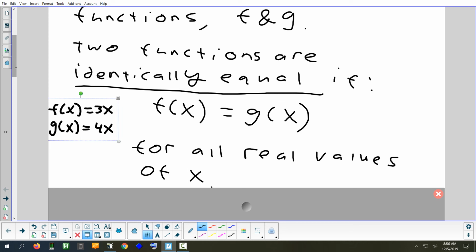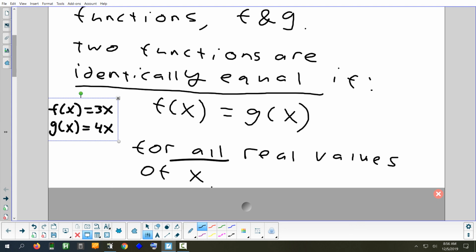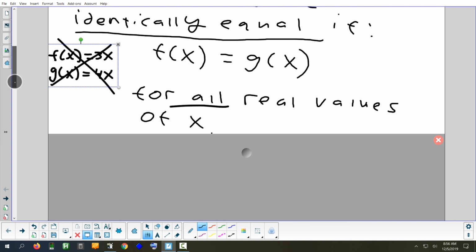So you say, oh, they're the same. Well, they're the same for that specific number, but now if you plug in, say, 2 for x, in the top one you get 6, in the bottom one you get 8. So no, it didn't work for all numbers. It worked for the number 0, but it has to work for any number you can plug in. You've got to get the same answer in both spots. So those are not equal, except at the number 0. That's the only time they are.